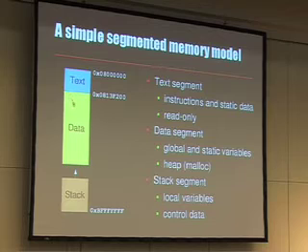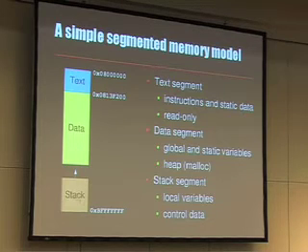After the text segment, there's a data segment, and the data segment just holds all the global and static variables that you are defining in your C functions. And of course, it holds the heap that you can allocate by using the malloc functions. I mean, those who have programmed C will probably have seen that. And at the very end of the memory, you will find the stack segment.